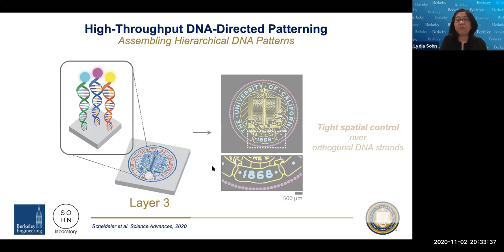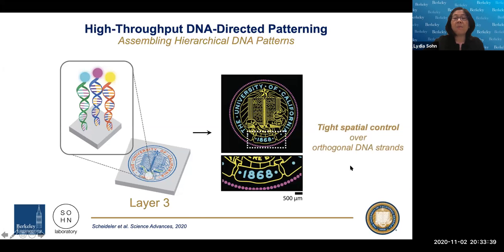And essentially what you see here is how well we're able to have tight spatial control over different orthogonal DNA strands. And you can see here, this is the space bar of 500 microns. And in fact, this was a pattern that we repeated on a 3x1 glass slide, done all in parallel. This would have been extremely difficult with the nano enabler.